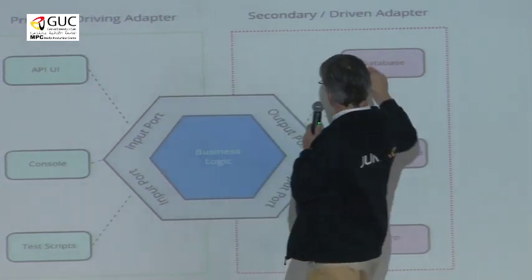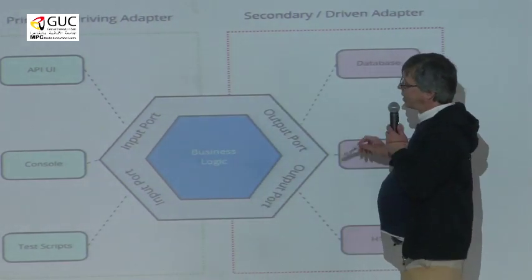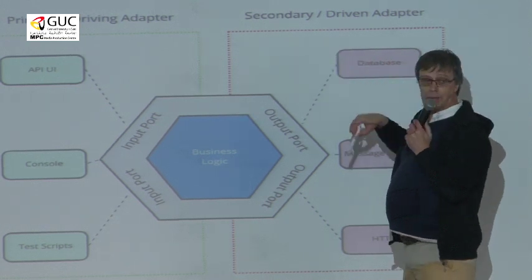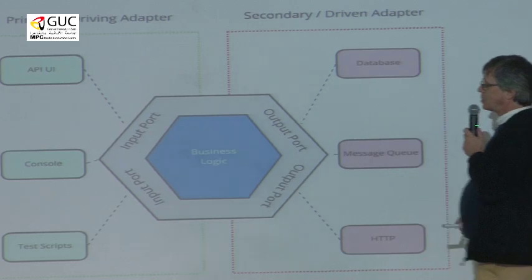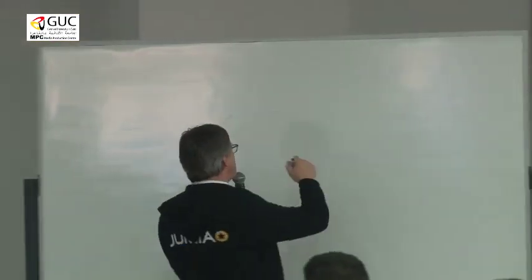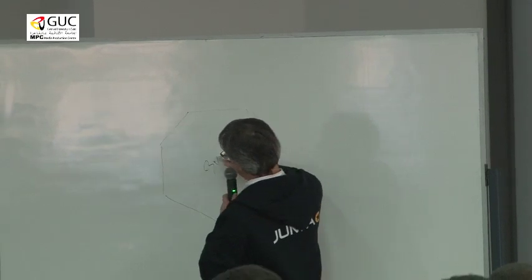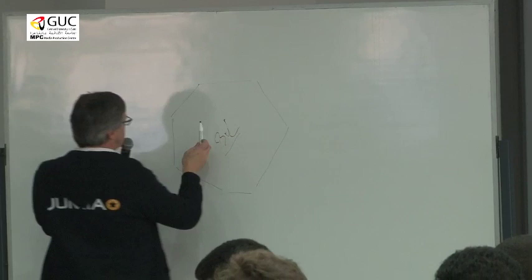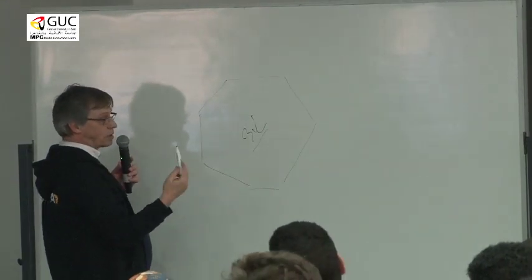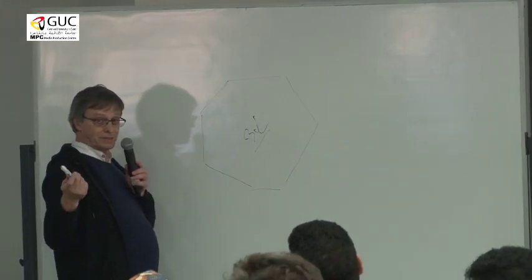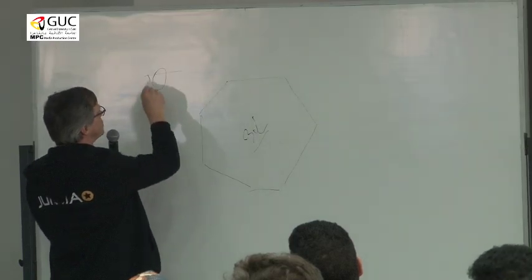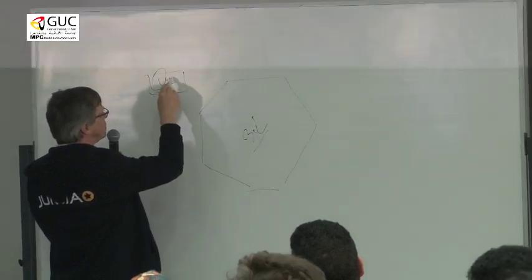Imagine that these are plugins, and all of them don't know anything about each other. So the idea, I'll try to do it here. Imagine this is the business logic, like we have there. And basically what we are going to establish is a contract, an interface, okay, and let's say this is the user interface API.